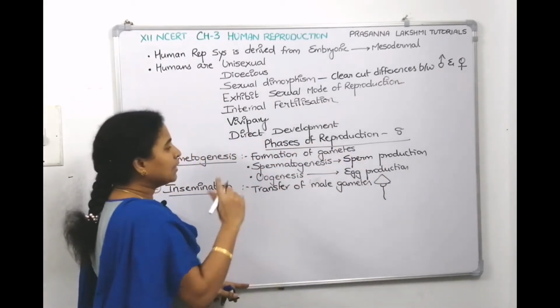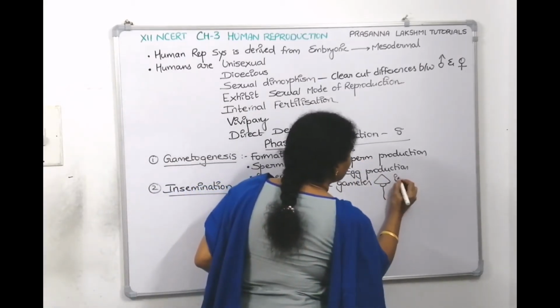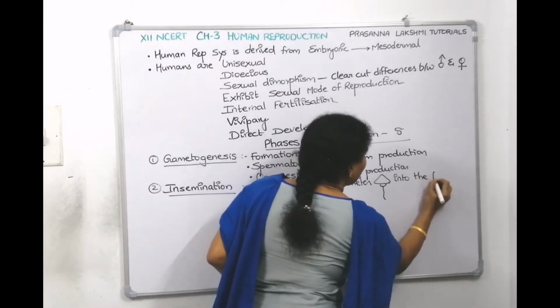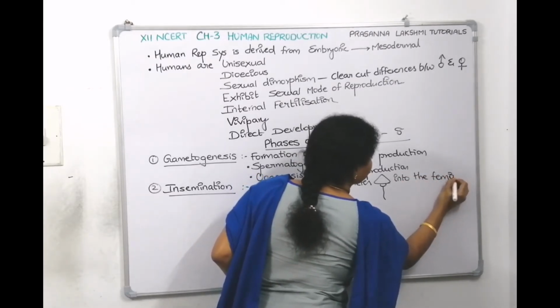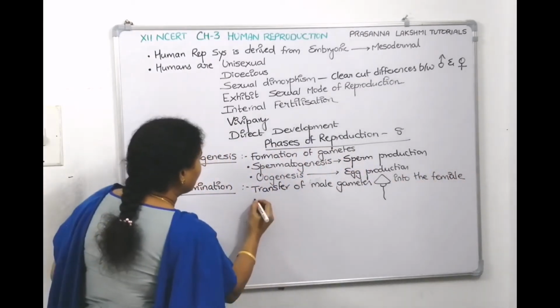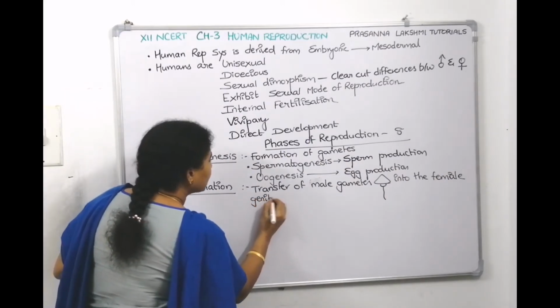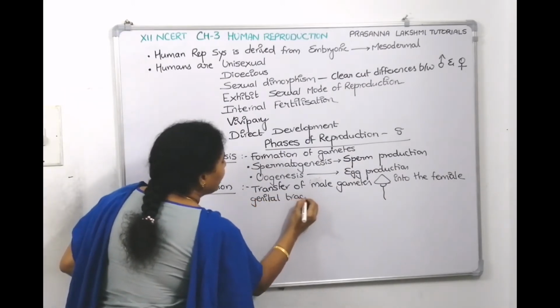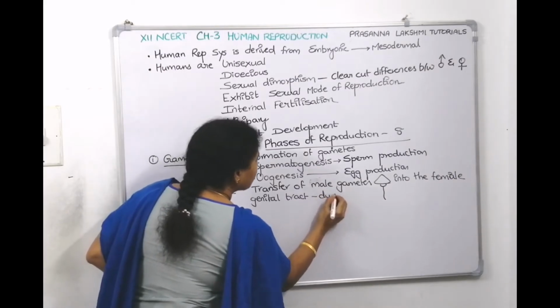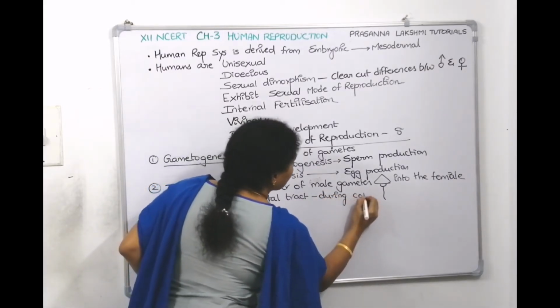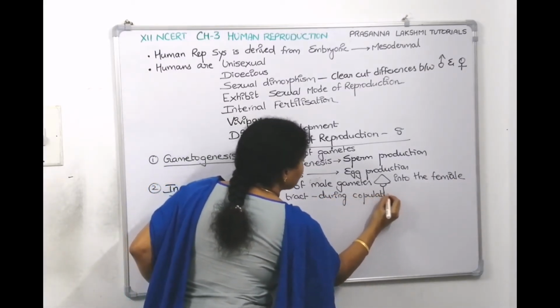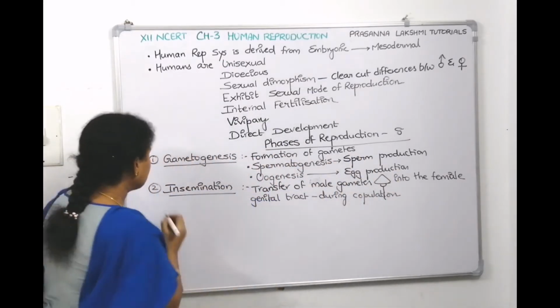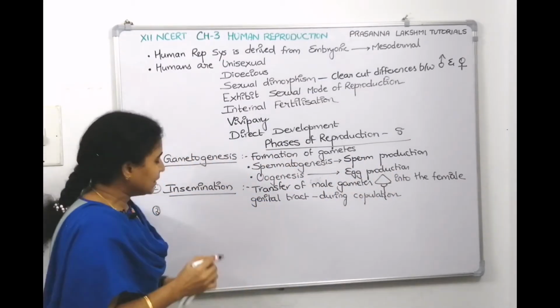Transfer of male gametes into the female genital tract. When does it happen? During copulation, during mating. What is this process called? It is called insemination.